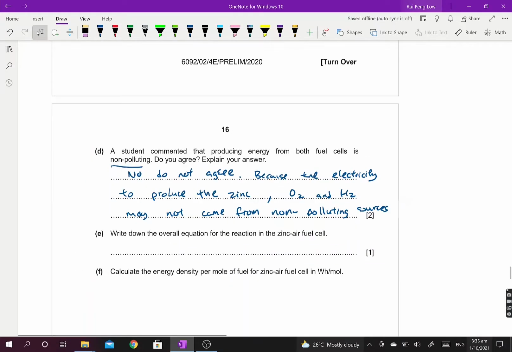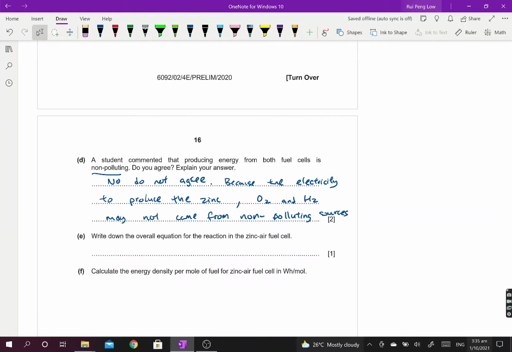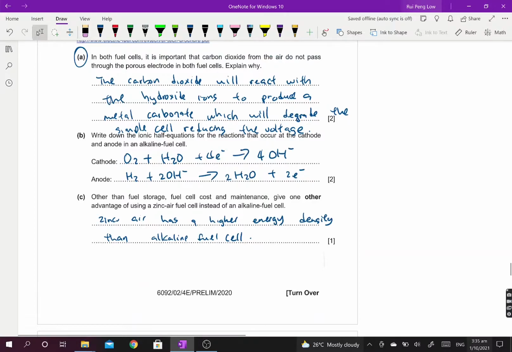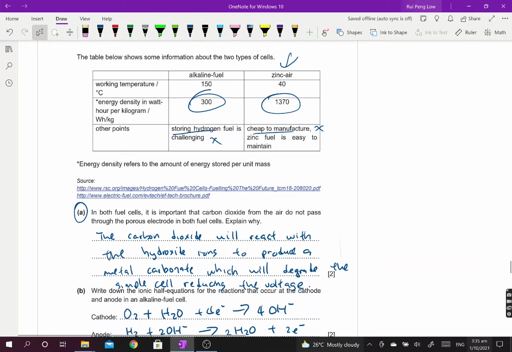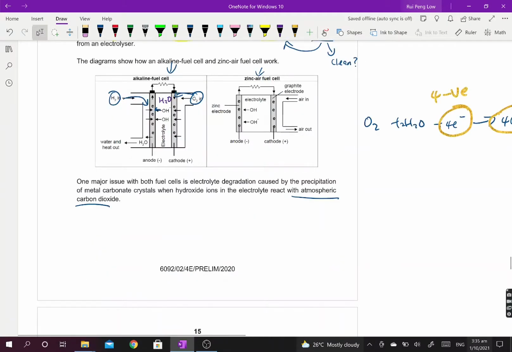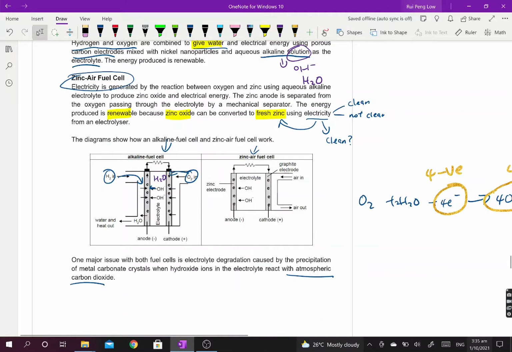Write the overall equation for the reaction in the zinc air fuel cell. Okay, so let me see. Zinc air fuel cell, you have zinc, oxygen. So my answer is here.